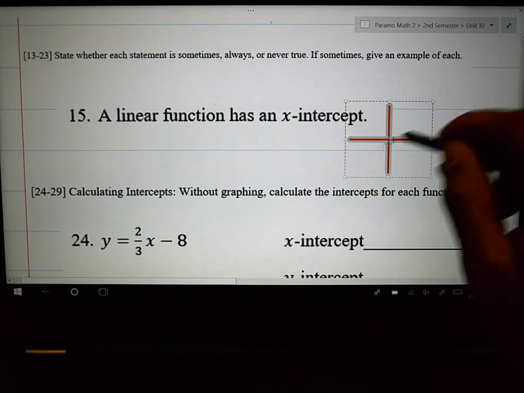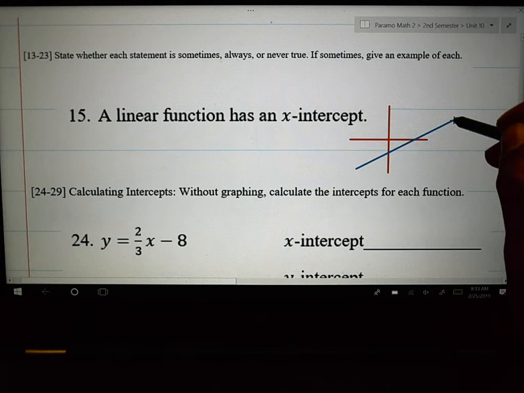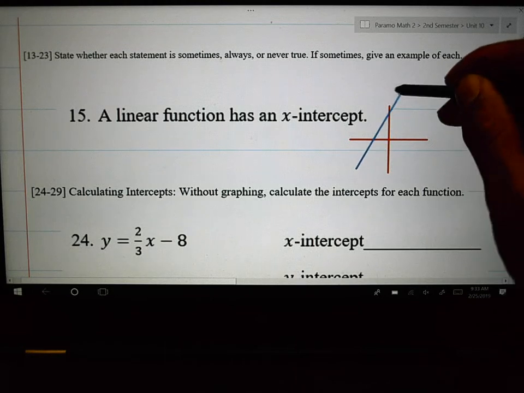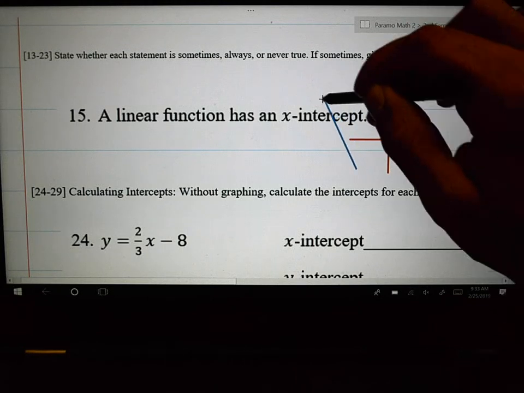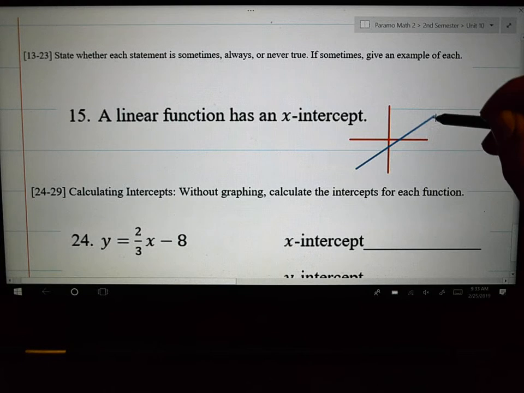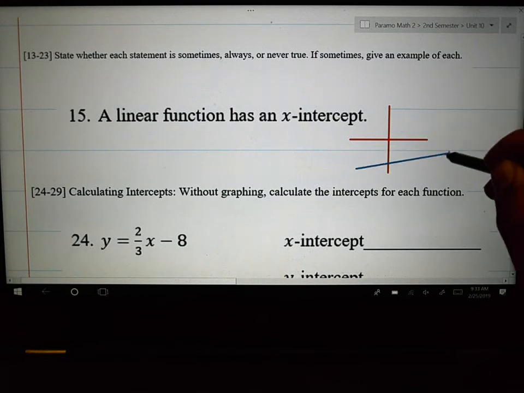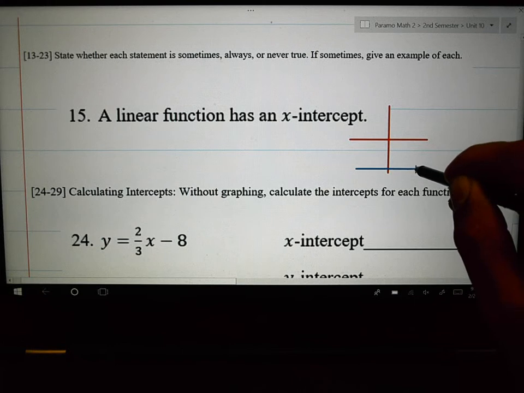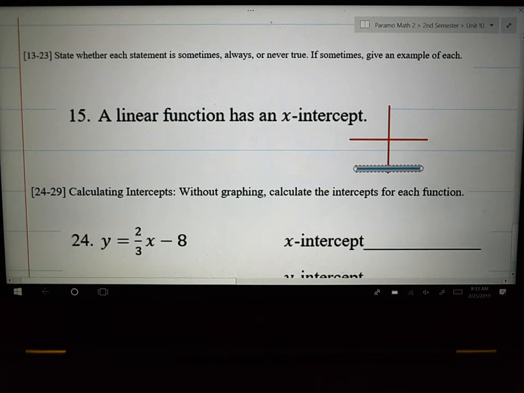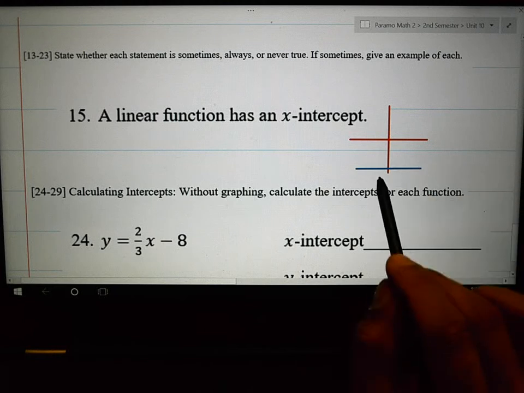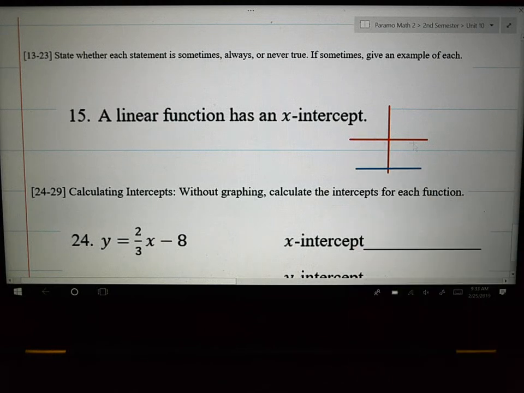If you have a line and it looks like this, is it going to have an x-intercept? Does it cross the x-axis? What if the linear function was like this? A horizontal line below. Is this ever going to touch that x-axis?